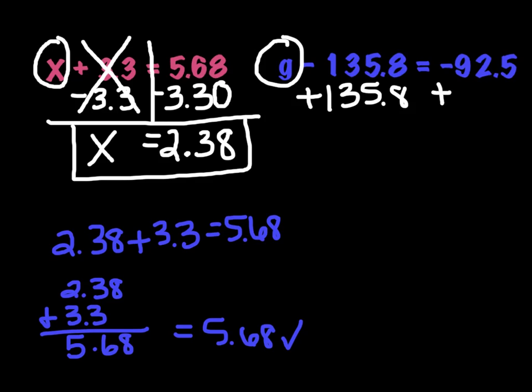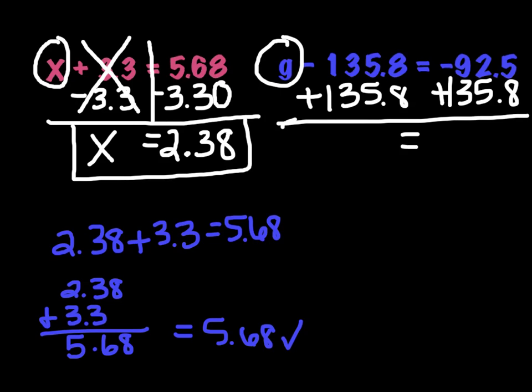And I'm keeping in mind that I'm working with decimals here, so I am going to line up my decimals. 135.8. However, now I have to consider my integers. I am putting together negatives and positives, which means that they cancel out.